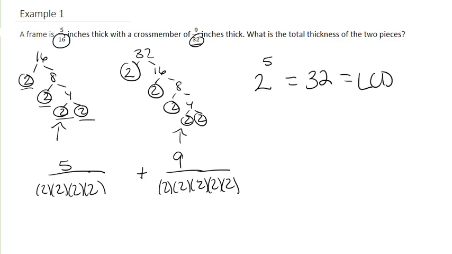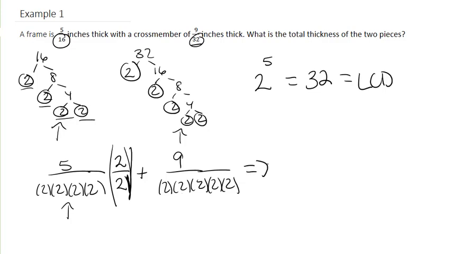This first number, we need to multiply by any missing factors, which is just a 2. Whatever we do to the bottom to get to the common denominator, we need to do to the top as well. So we multiply 2 over 2 to the first term, and keep the second term as is.